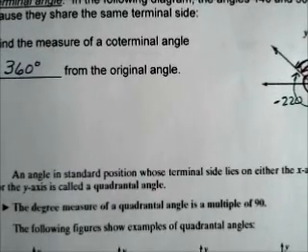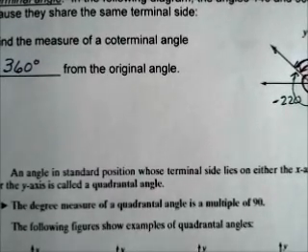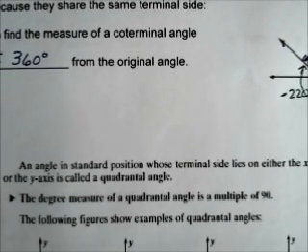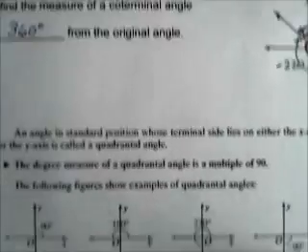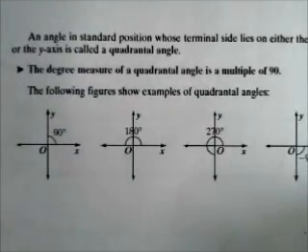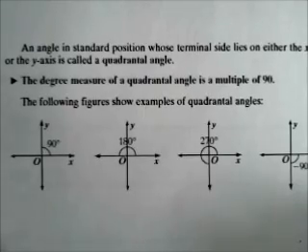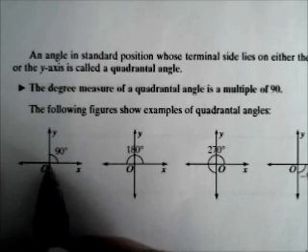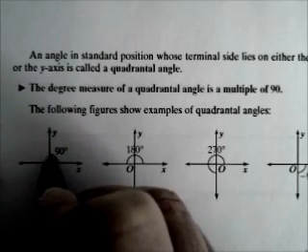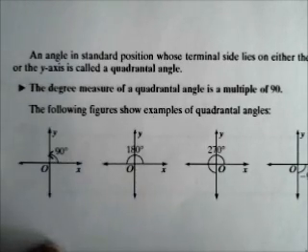Next, an angle in standard position whose terminal side lies on either the x-axis or the y-axis is called a quadrantal angle. So when you hear the term quadrantal angle, that's an angle of a multiple of 90 degrees. Let's just add the arrows here. We have our quadrantal angle of 90 degrees.